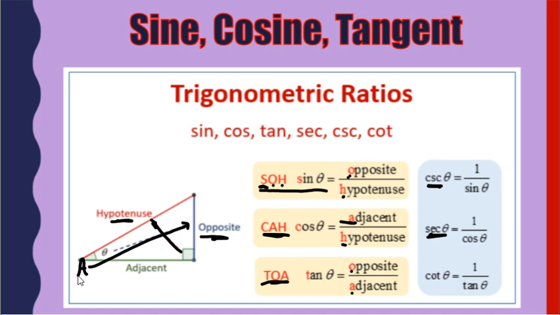Secant is the reciprocal of cosine, so this would be hypotenuse over adjacent. And cotangent is the reciprocal of tangent, so it would be adjacent over opposite. But the ones that we want to look at for today are just sine, cosine, and tangent.